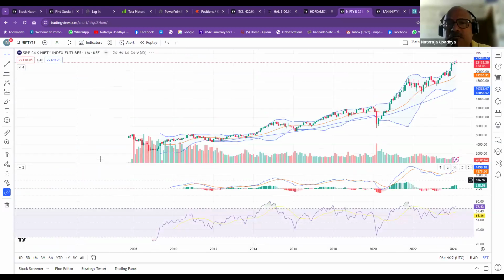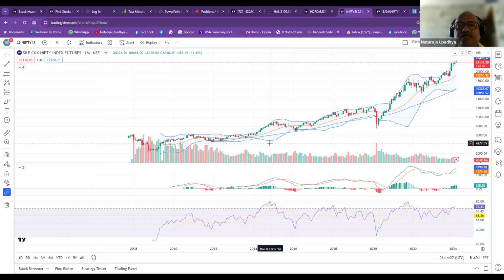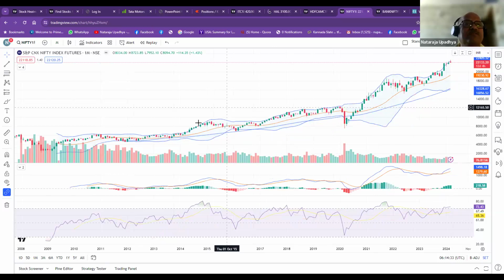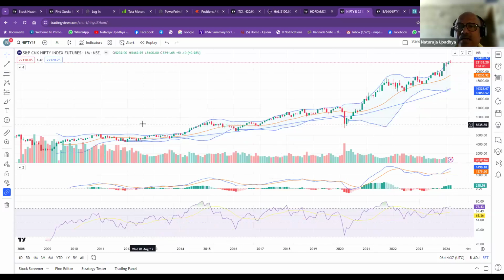Depending on your investment horizon, you need to use the right time units in your chart. If you are a long-term investor, you need an ability to predict how the script will move in terms of a monthly chart, a weekly chart, and a daily chart.